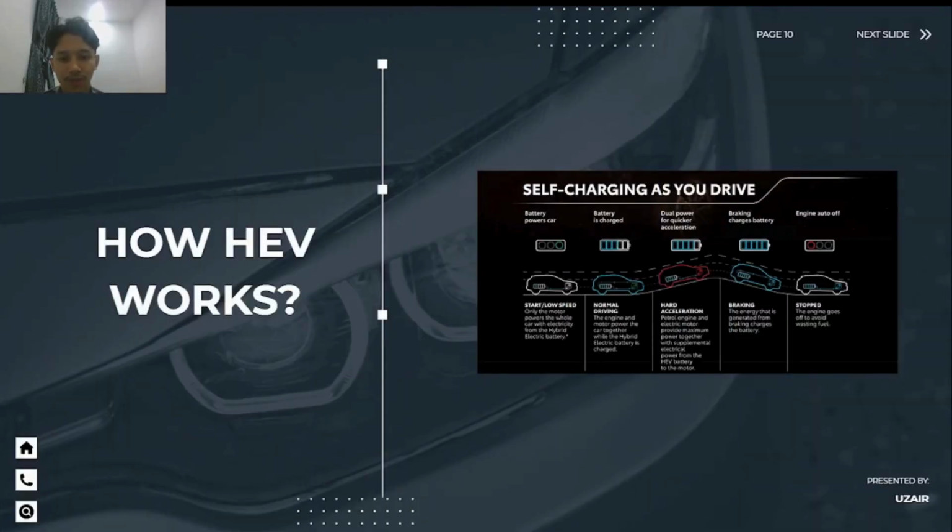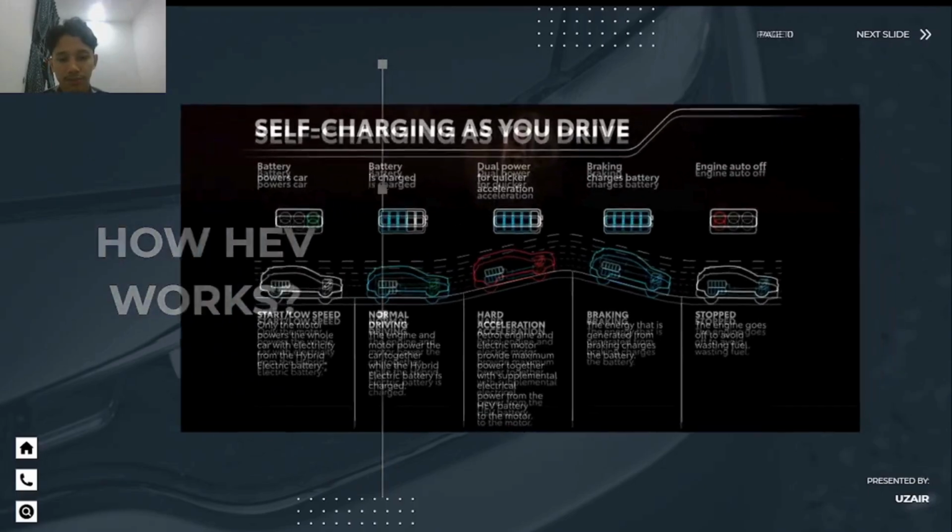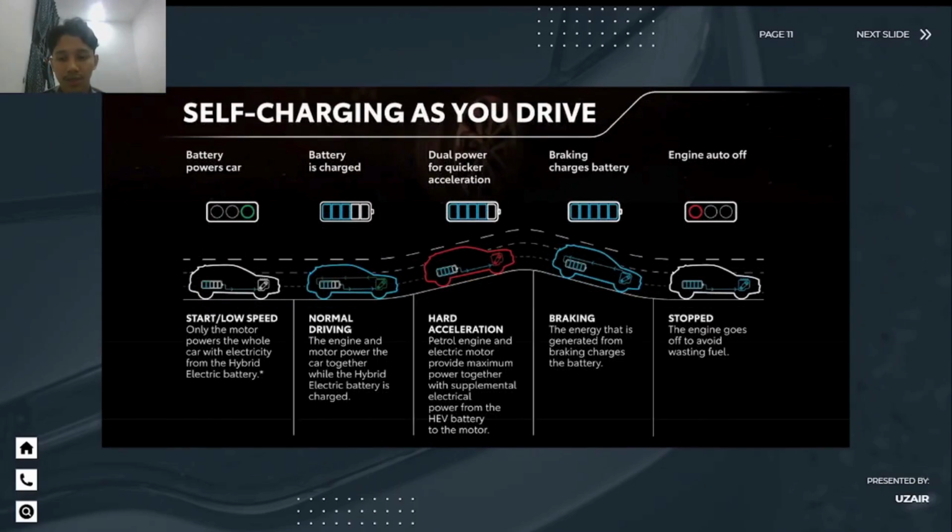How does HEV work? When the car is stuck in traffic or at low speed, only the motor powers the whole car with electricity from the hybrid electric battery. When the car is driving normally, the engine and motor power the car together while the hybrid electric battery is charged.